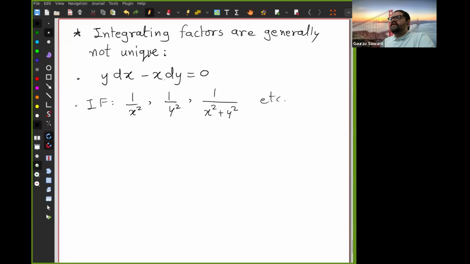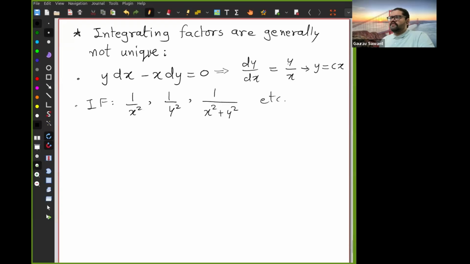Already, if we look, this is actually a separable equation, right? It is just dy by dx is equal to y by x, I believe. And this is just a bunch of lines passing through the origin, y equal to cx.